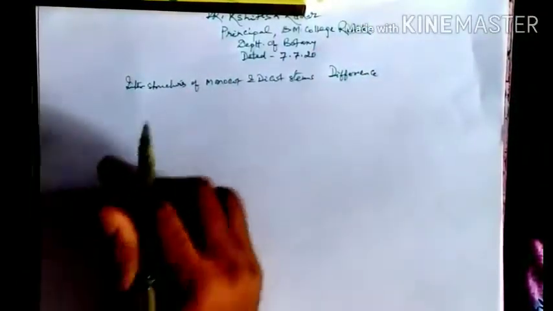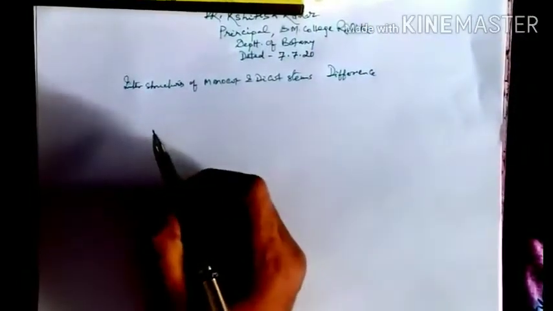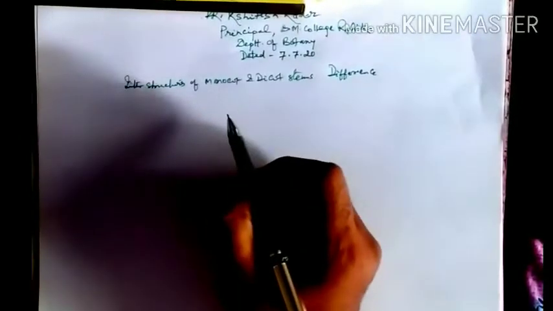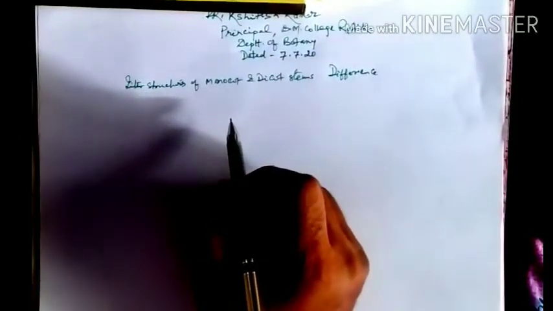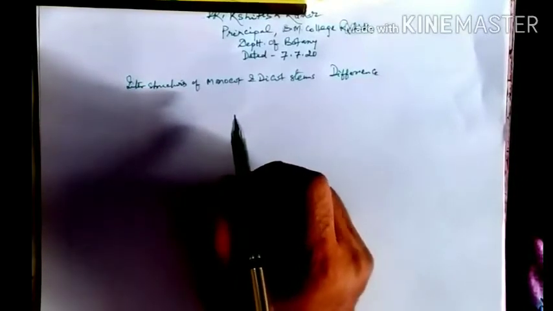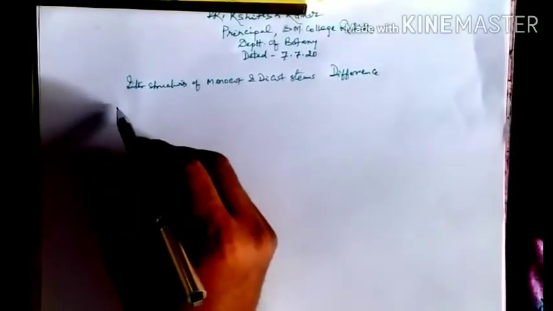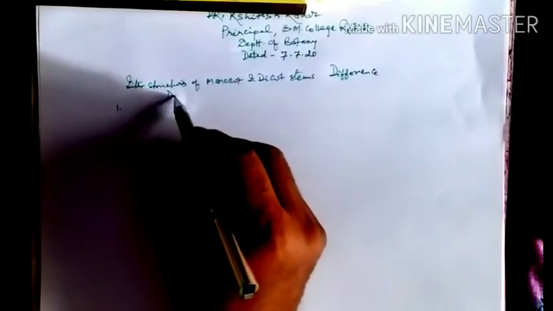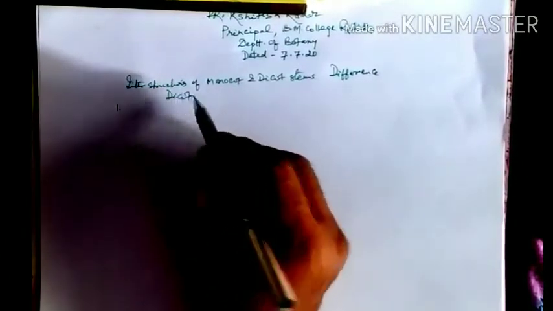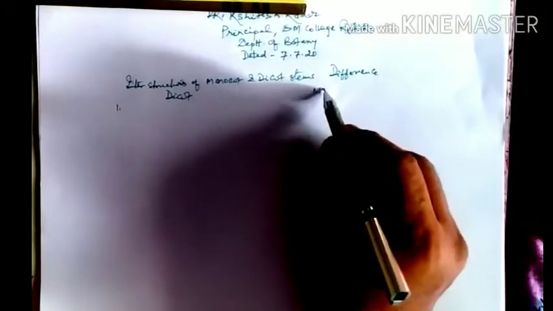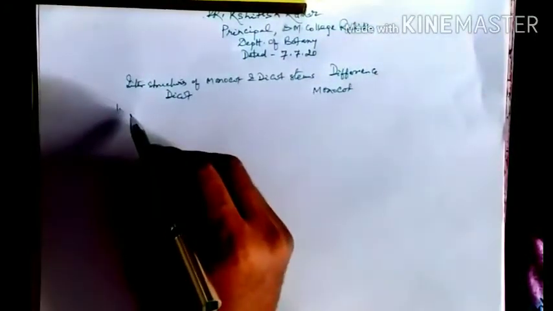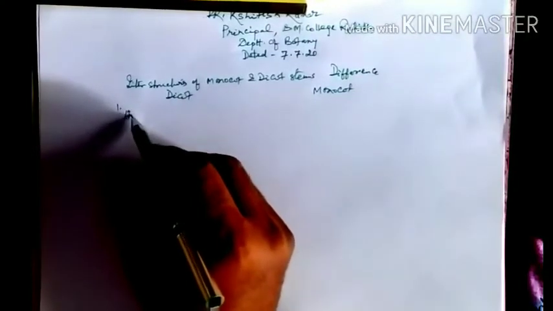Let us see what are the differences between the internal structure of dicot and monocot stems. The first difference is about the hypodermis. First write here dicot, here write monocot. So the first difference is about hypodermis.